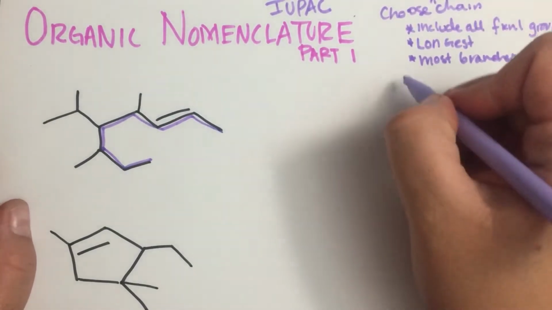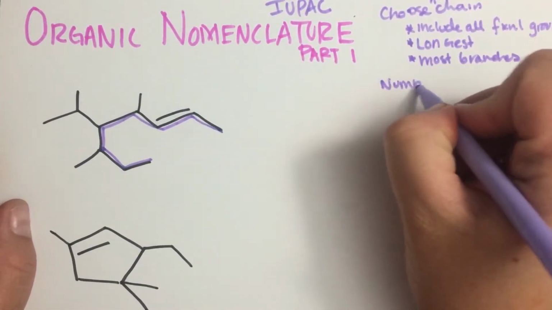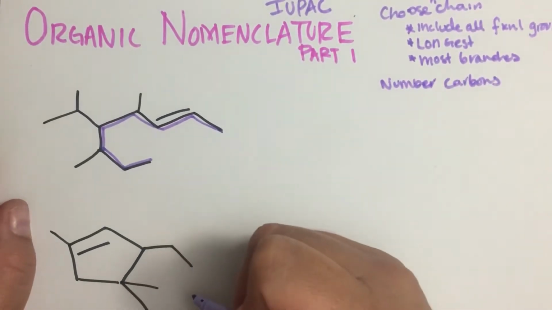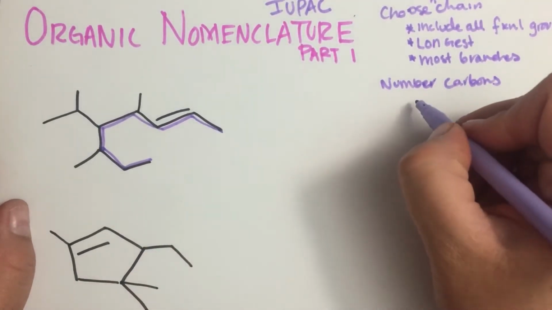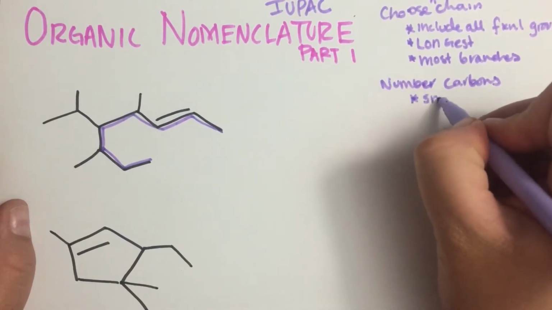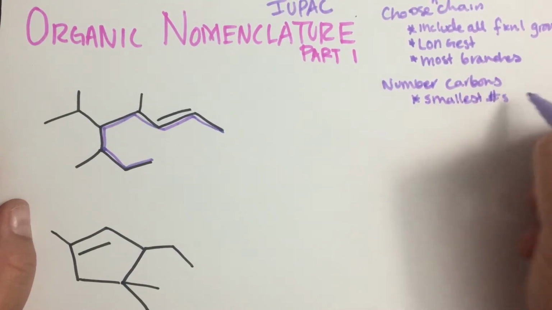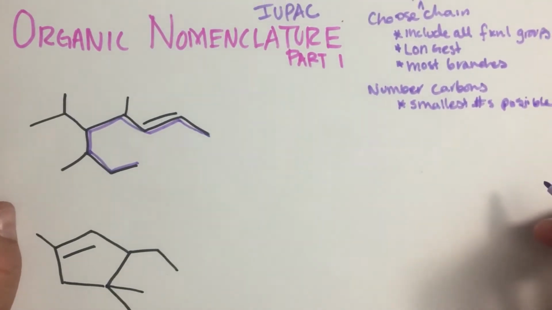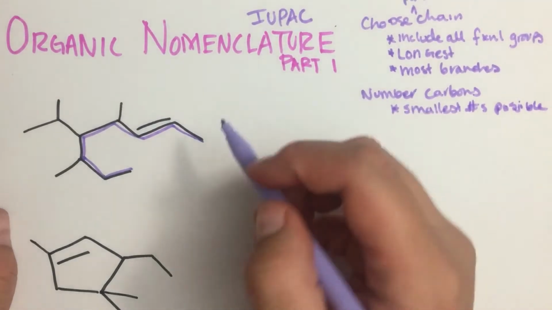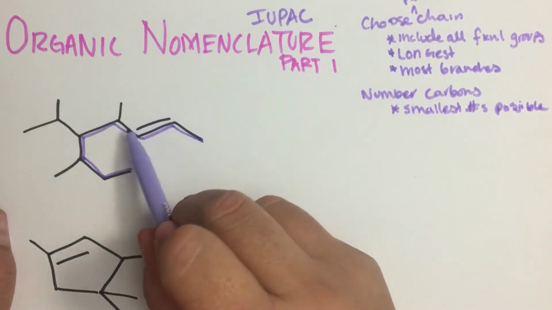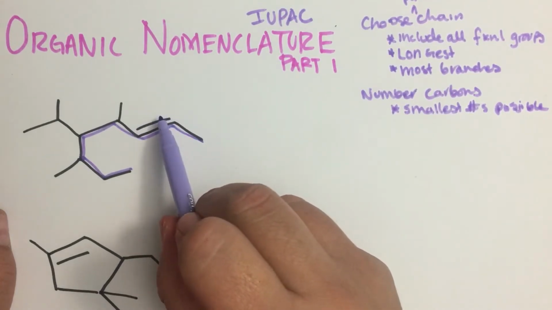Okay, the second step is going to be to number your carbons. Okay, so how are we going to number your carbons? You want to have the smallest numbers possible. Okay, so for example, in this case, if we start over here, we're going to have 1 2, okay, 2 being this double bond already.